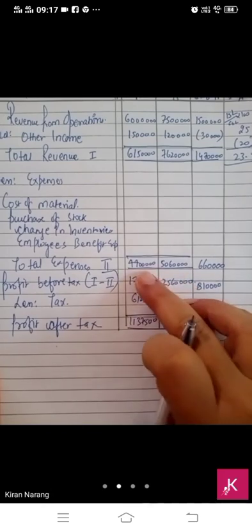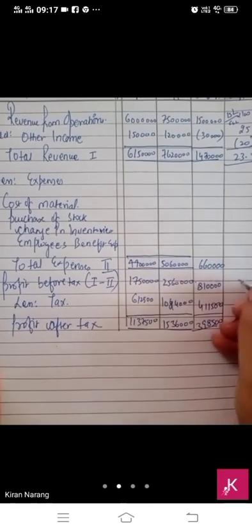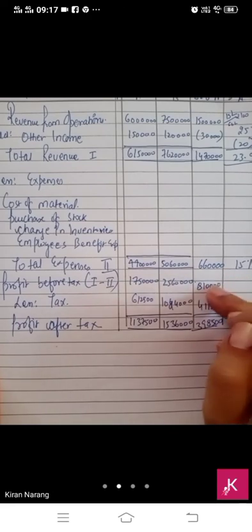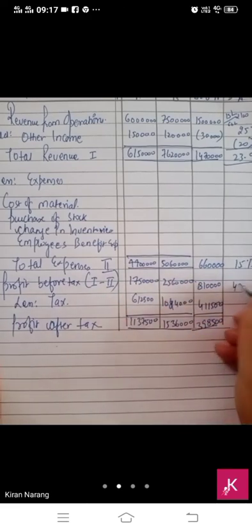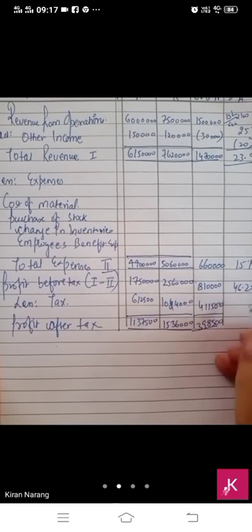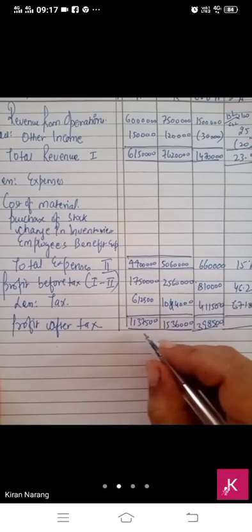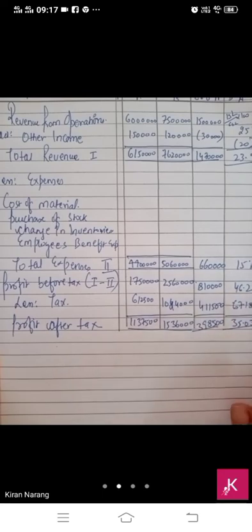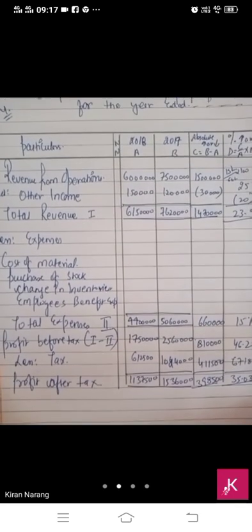C upon A into 100, it will be 15%. Then C upon A into 100, 46.29%. C upon A into 100, 67.18%. And last C upon A into 100, 35.03%. This is the way we will calculate D.